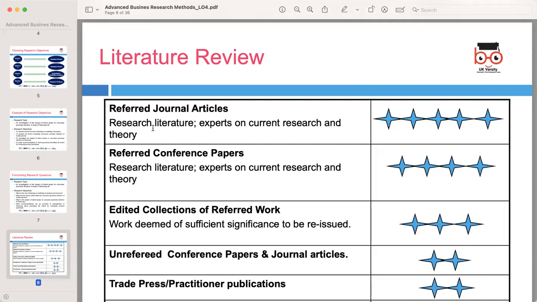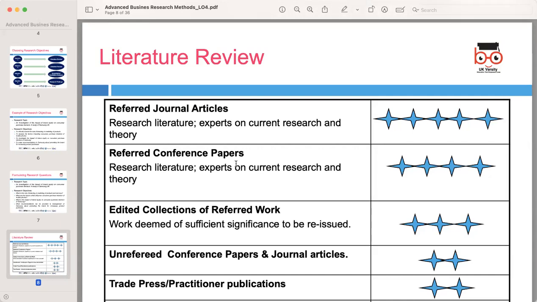So literature review requires a careful selection of sources that have been reviewed or considered reliable within the academic community. So refereed journal articles and conference papers, as well as edited collections, are key sources of understanding current research and theories.